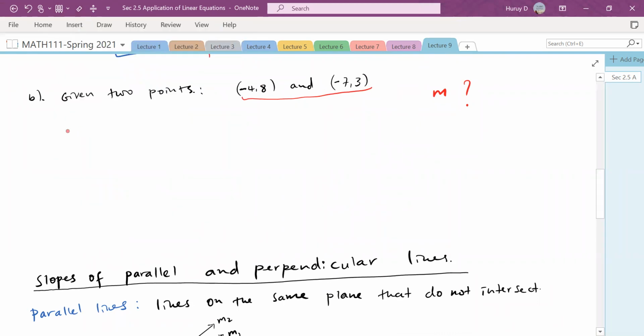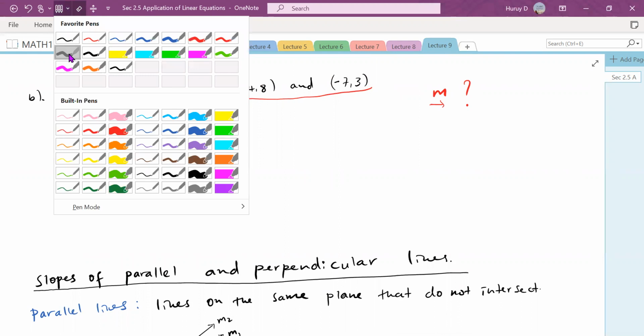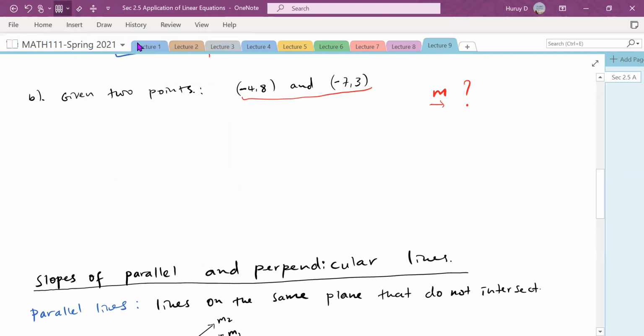Therefore, to find the slope, we need 2 points, and I can use these 2 points to find the slope first. You can take this one as x1, y1, and this one as x2, y2, or the other way, it doesn't matter.